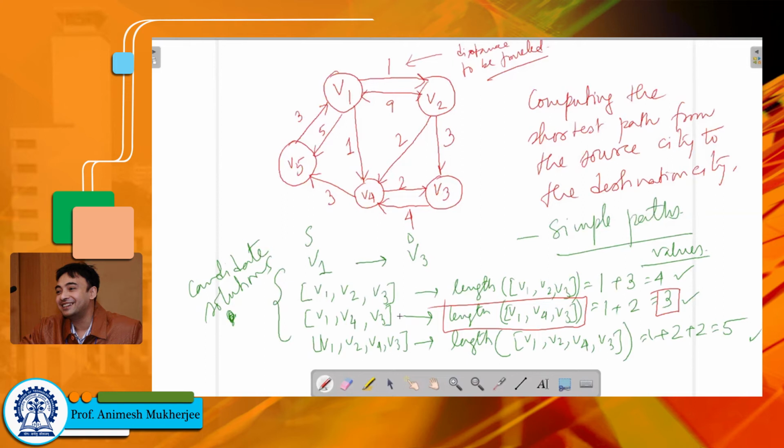Okay, so this is how you formulate a problem, with a realistic example of candidate solutions, values, and optimal values.